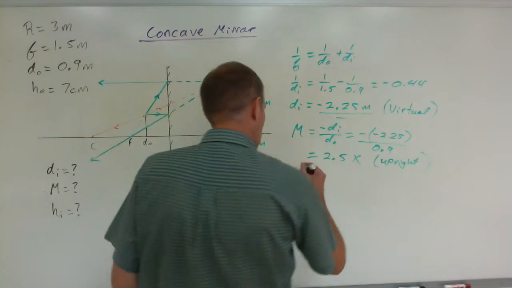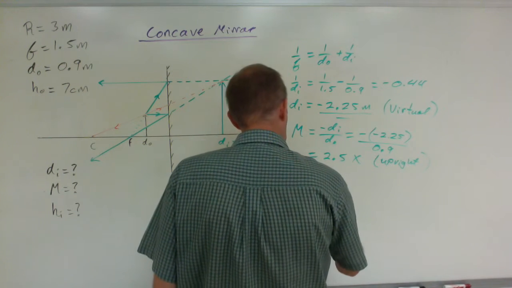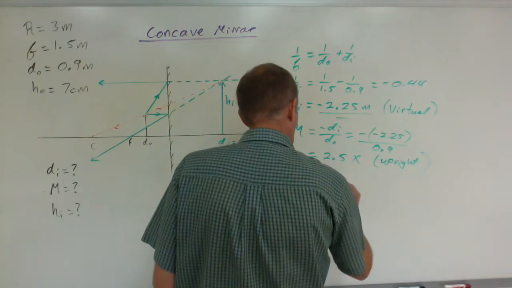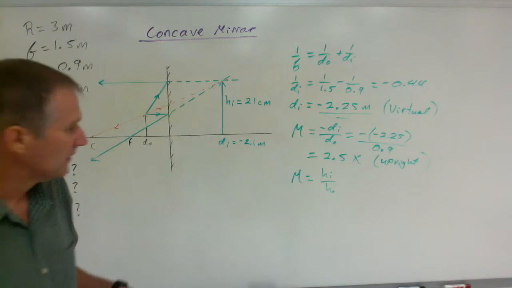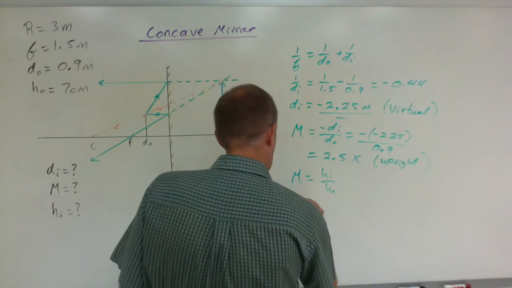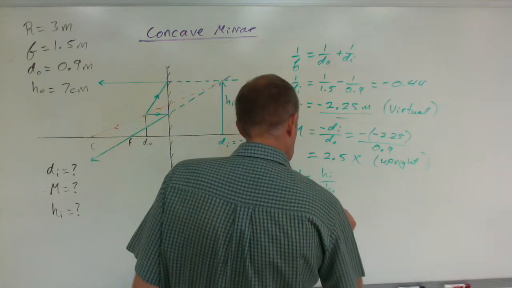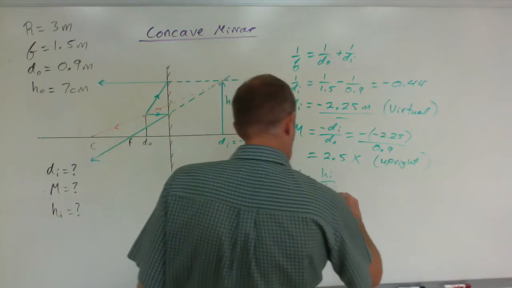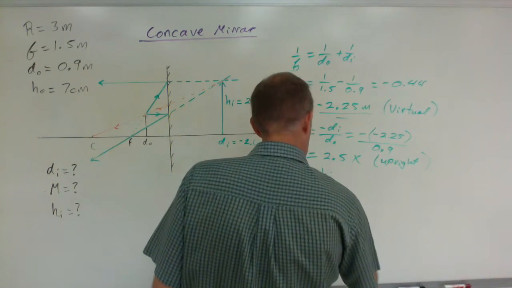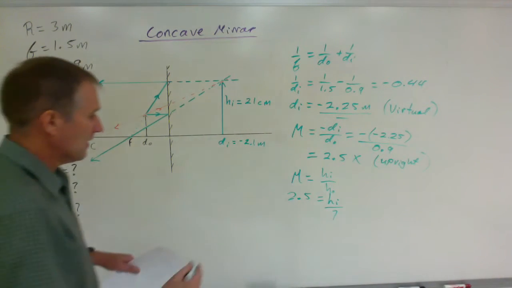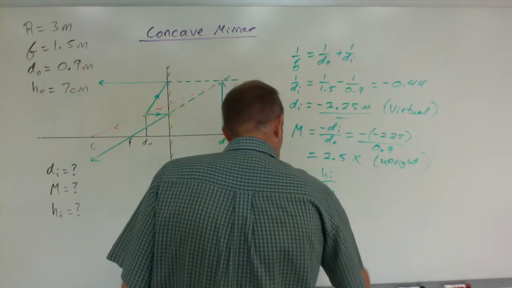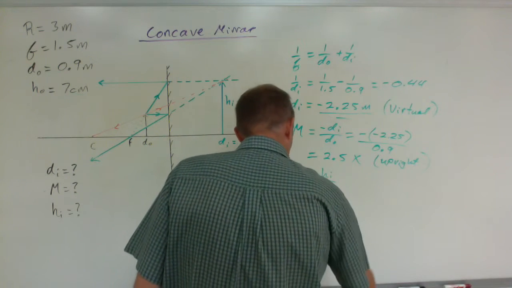So the last part is to solve for HI. So M equals HI over HO. Notice there's no negative sign in the equation when you write it that way. So this is 2.5 equals HI divided by 7, because I said that the object size was 7. And multiply 7 to the other side.